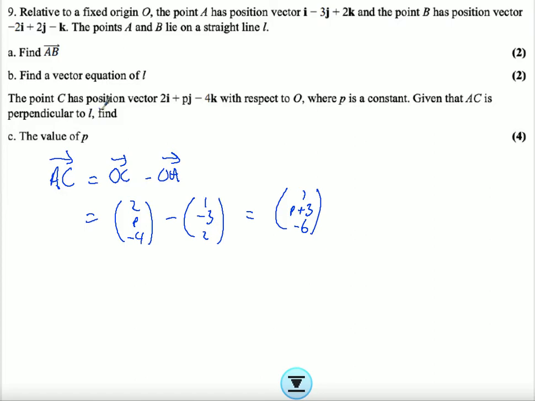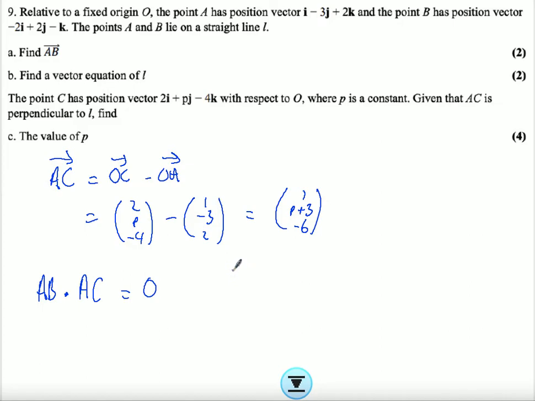Okay, now if AC is perpendicular to L, it means that it's perpendicular to AB, right? Because AB lies on that straight line. We say that the dot product of AB and AC must be equal to 0 in order for that to be true.